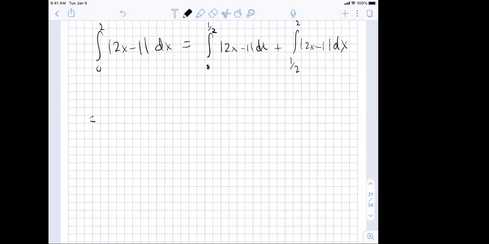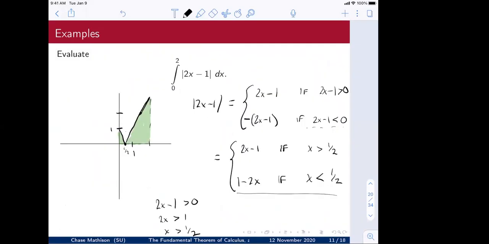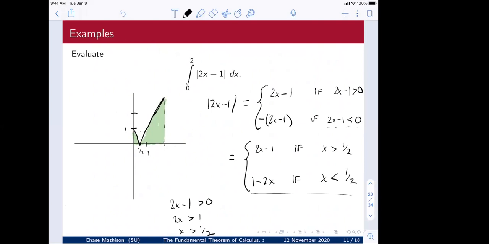But now, when I'm looking at the integral from 0 to 1/2, what is the absolute value of 2x minus 1 between x equals 0 and x equals 1/2? Well, between x equals 0 and x equals 1/2, you're looking at this line here, right?